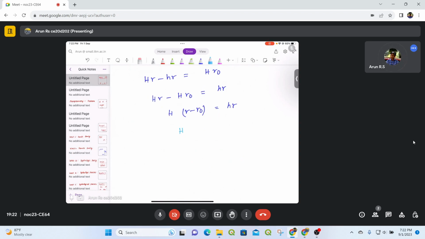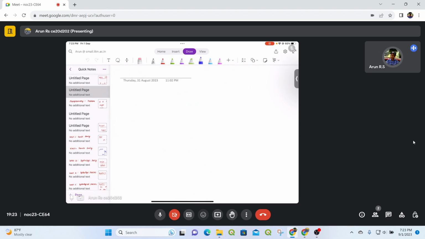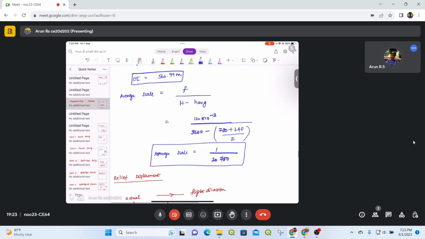So H into d is equal to h into r. So we need the relief displacement: hr divided by capital H. So this will be your relief displacement. So this is how you will derive the relief displacement equation.